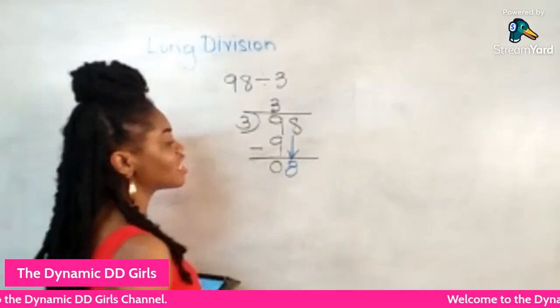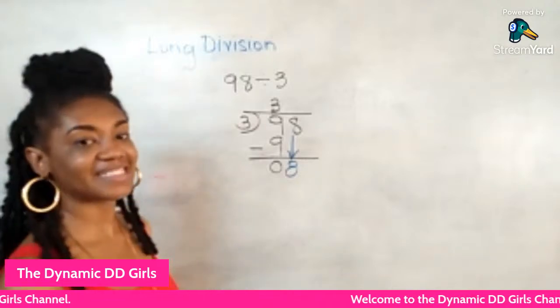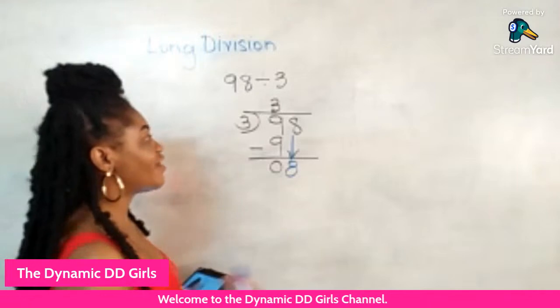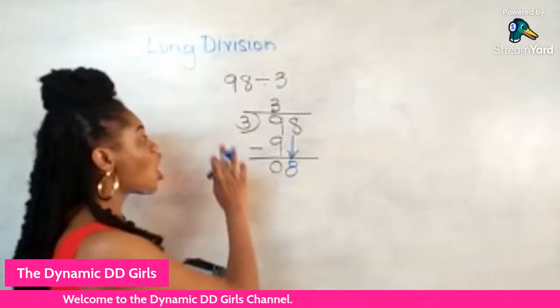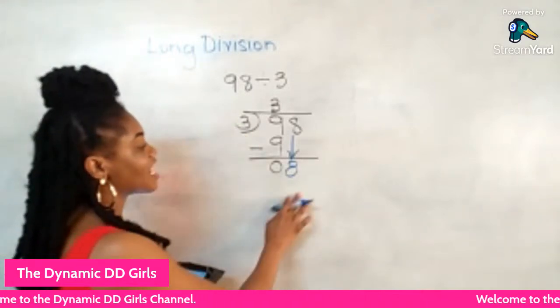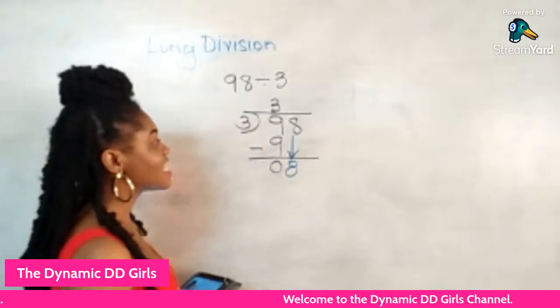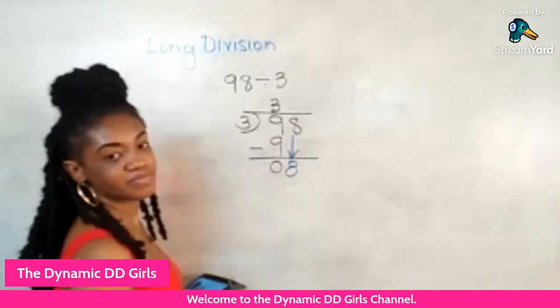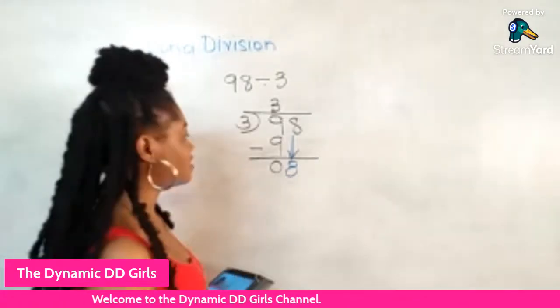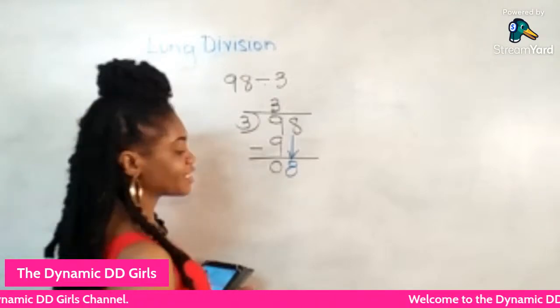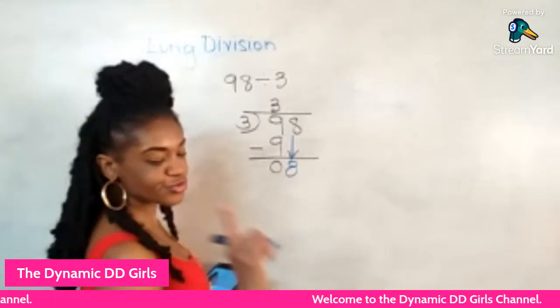And of course, it is going to be 8, not 80, but 8. All right, so now you're going to ask yourself, how many groups of 3s can you get from 8? Ask yourself that question. All right, and of course, we can only get 2 groups of 3s.